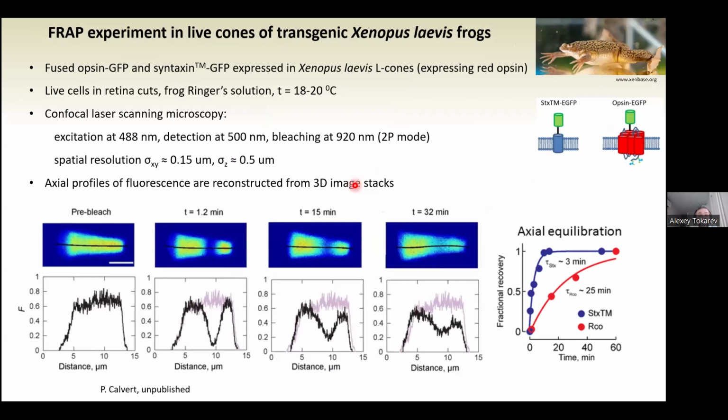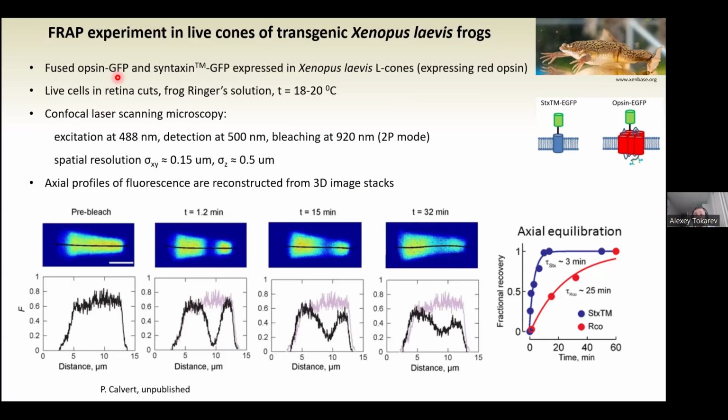So what experimental data do we have? We use fluorescence recovery after photobleaching approach, FRAP. It is a widely used approach in biology, because when people invented green fluorescent protein, we can now fuse GFP with any or almost any protein in the body.